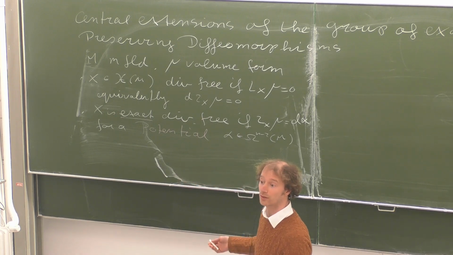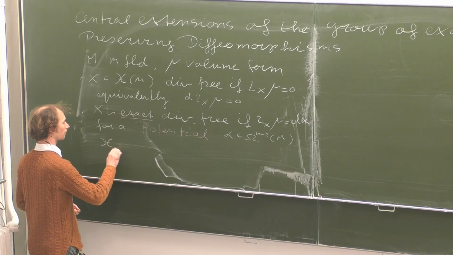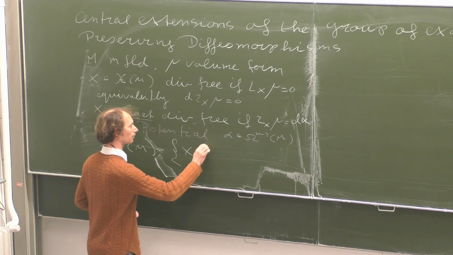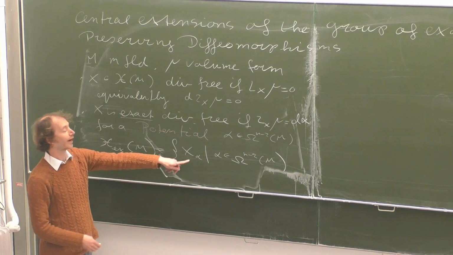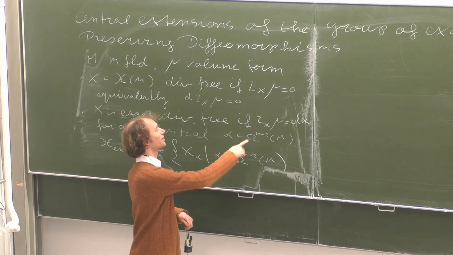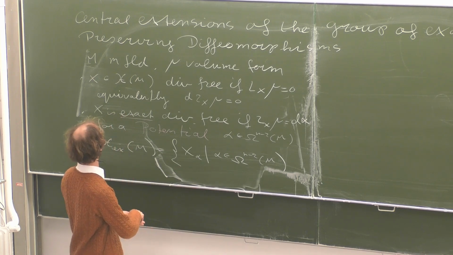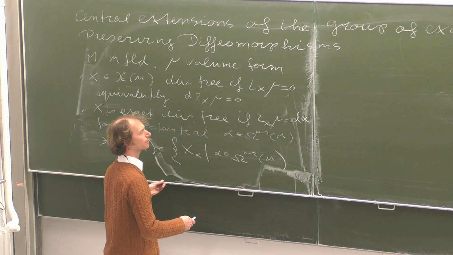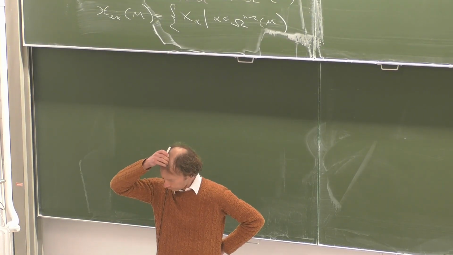form. So just for notation, the Lie algebra of exact divergence-free vector fields I'll denote like this, where X_alpha is the unique vector field that satisfies this condition. Right.